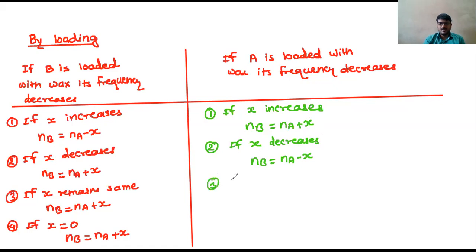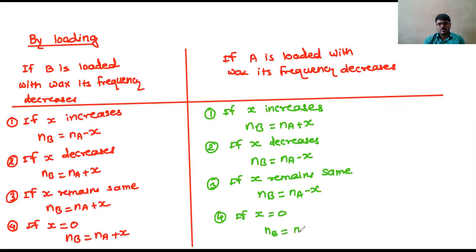Third thing, if X remains the same, then NB is equal to NA minus X. And fourth case, if X is equal to 0, then NB is equal to NA minus X. It is very simple.